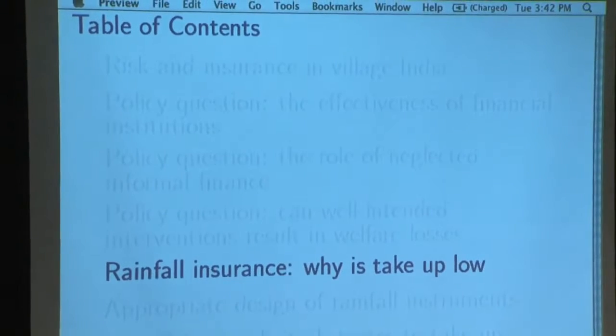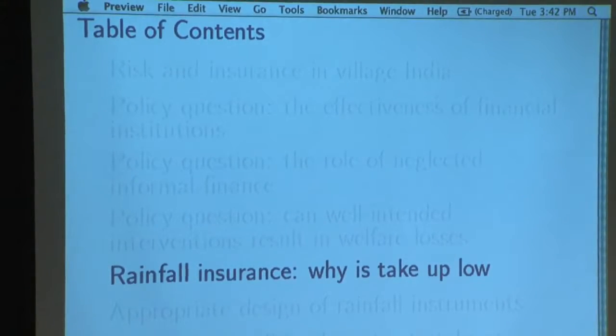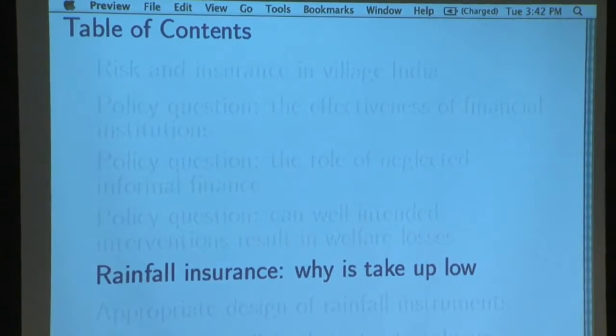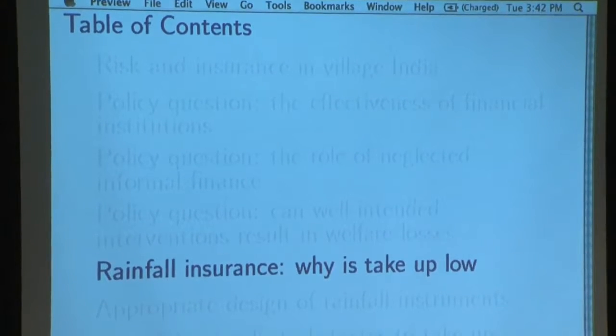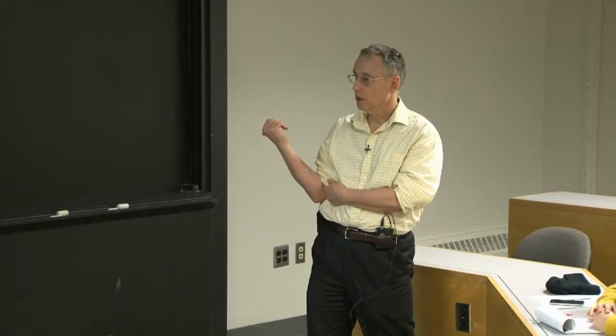People have, and I have too, offered insurance products like rainfall insurance in India. We haven't quite done it yet in Thailand, and I'll tell you why we have misgivings about it and some of the puzzles. But basically, with less of an exception in Ghana, and Chris Udry with Dean, in most experiments in the world the take-up of these insurance products is pretty low.